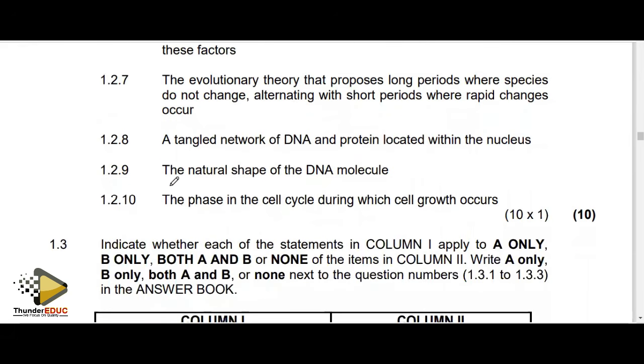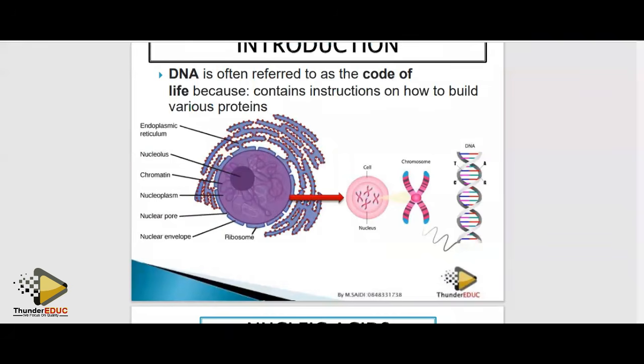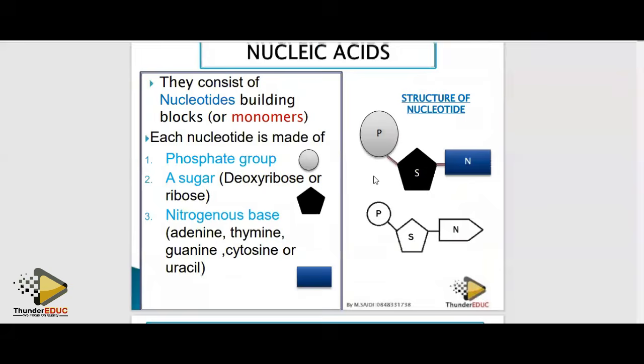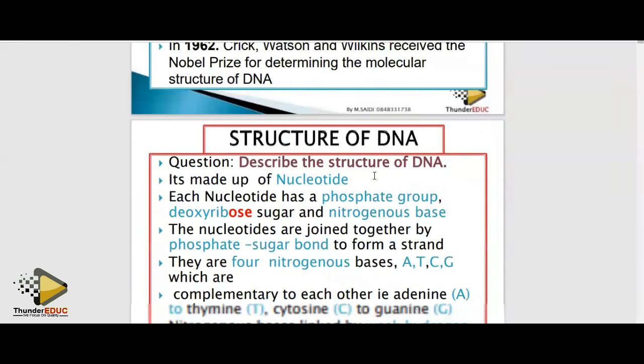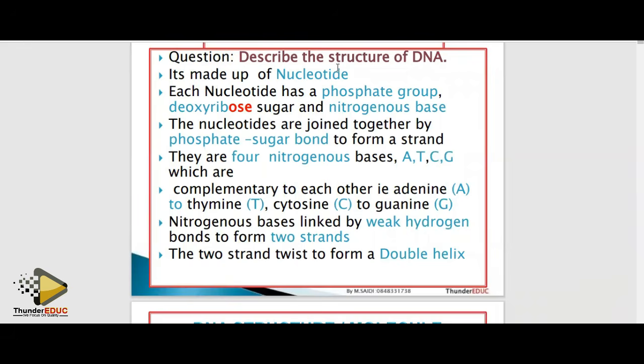Then, the natural shape of DNA is a double helix. How does our book answer this? If you go to the structure of DNA, you will find that DNA strands twist to form a double helix.